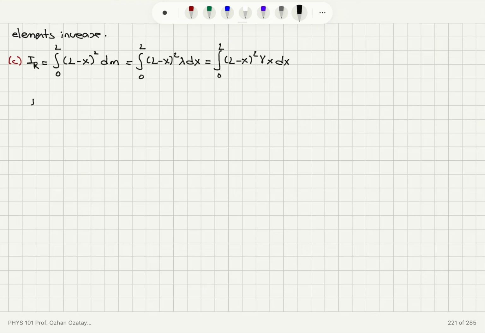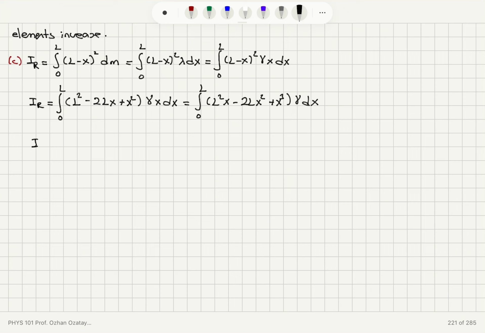So my moment of inertia with respect to the right side will become the integral from 0 to capital L. If I open up (L minus x) squared, L squared minus 2Lx plus x squared, multiplied with gamma x dx. This will be the integral from 0 to L of L squared x, the first term, minus 2L x squared, the second term, plus x cubed, the third term, times gamma dx.